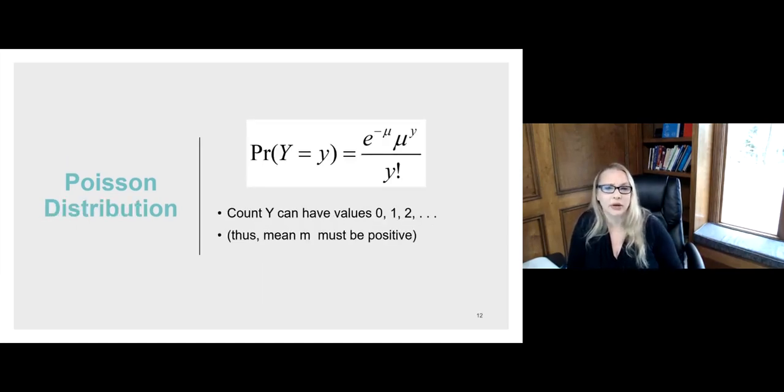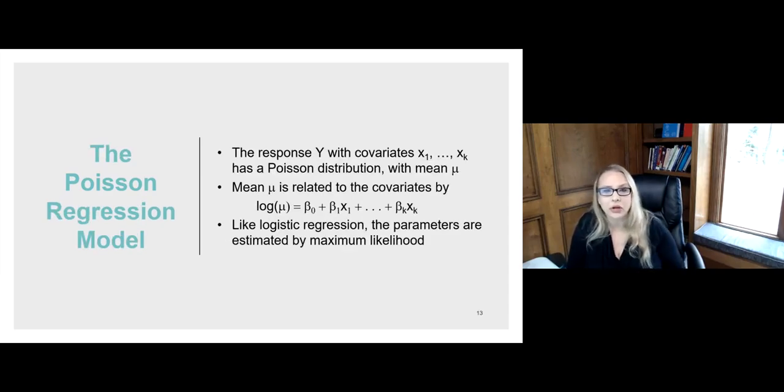Here is the probability distribution, what it looks like for Poisson. The count y must have values that are integers, so 0, 1, 2, 3, and so forth. And therefore, we have to have a mean with a positive value. Now, looking at the regression model, the response y, with covariates x1 to x sub k, has a Poisson distribution with a mean of mu.